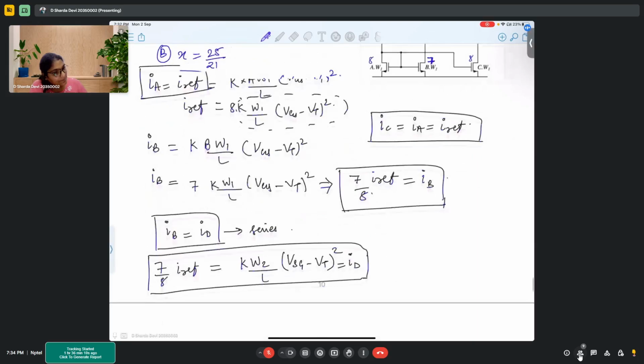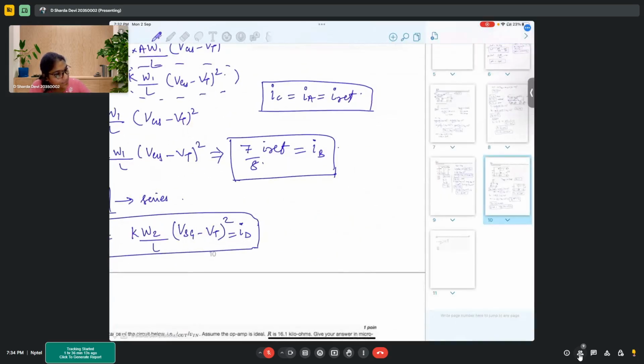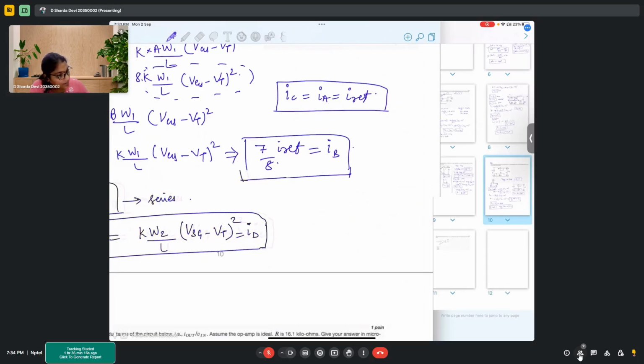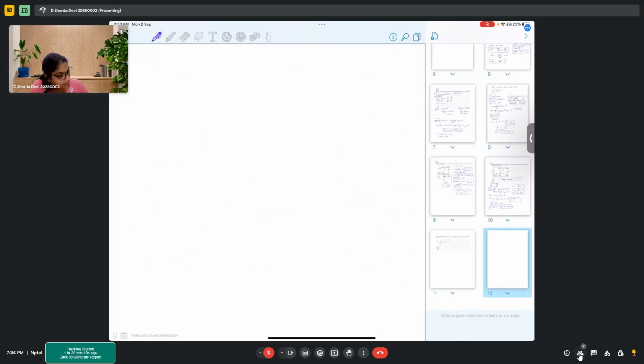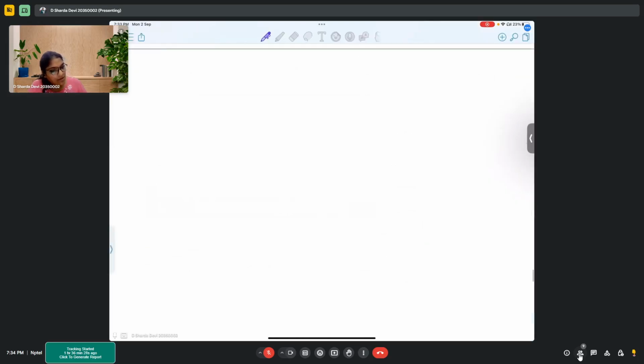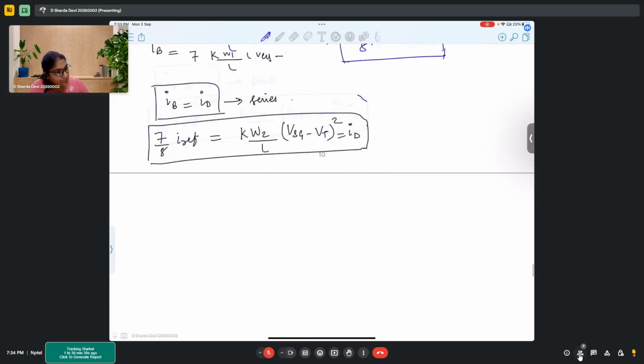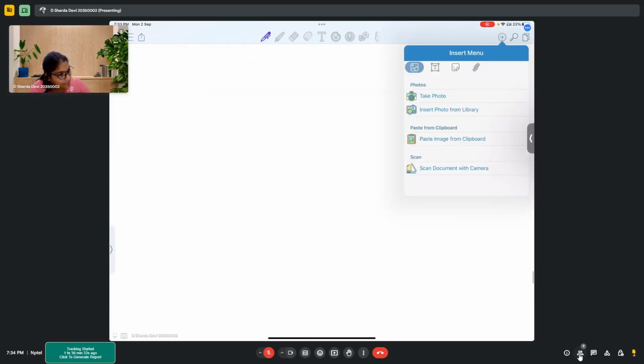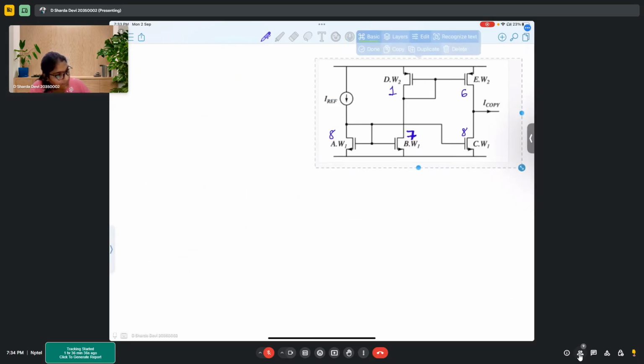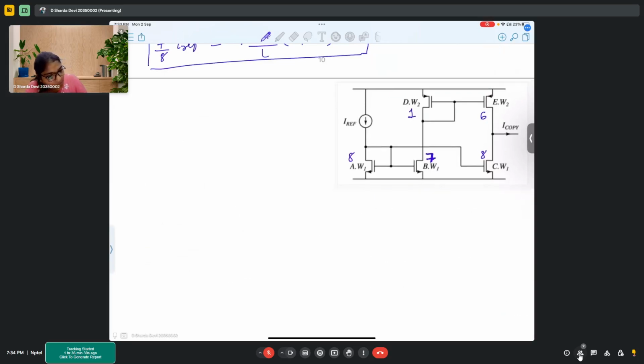Once we got ID, we know that VSGD equals VSGE because the same gate voltage source is connected.